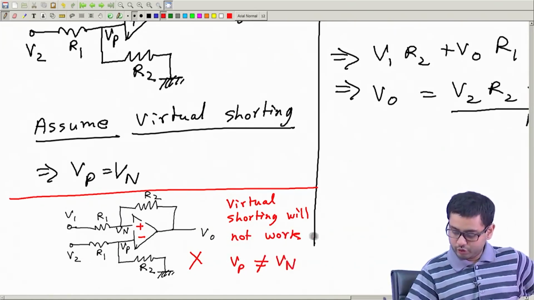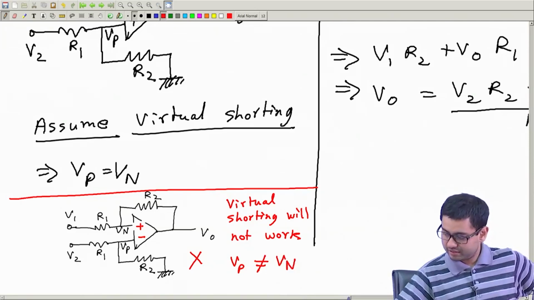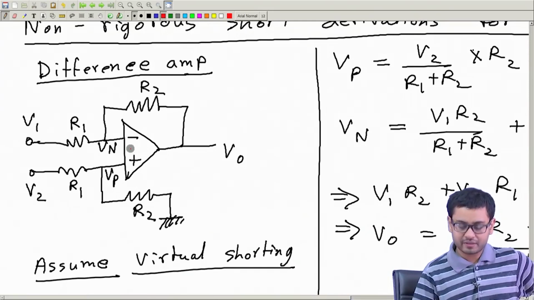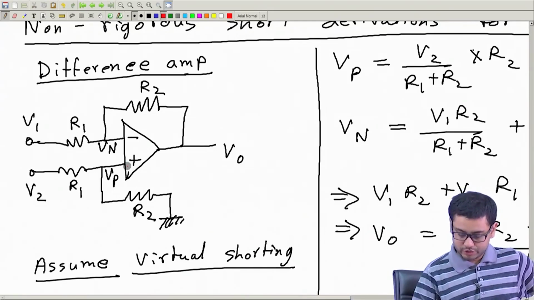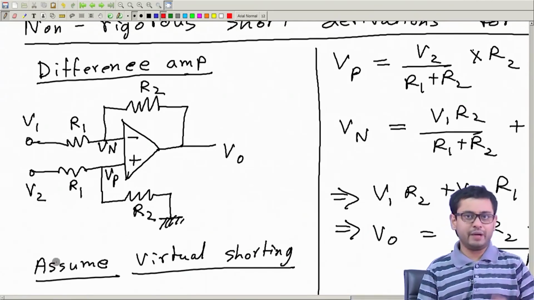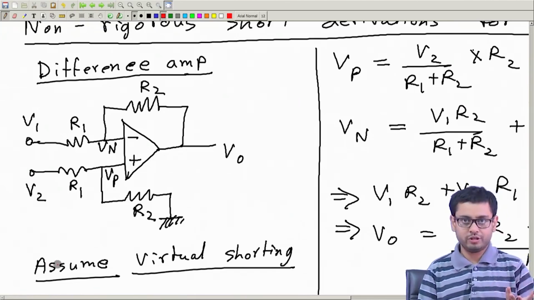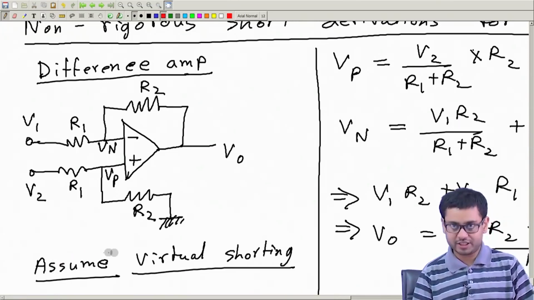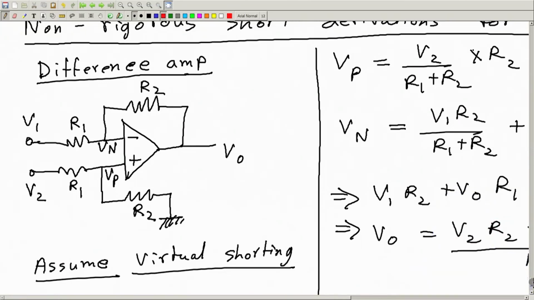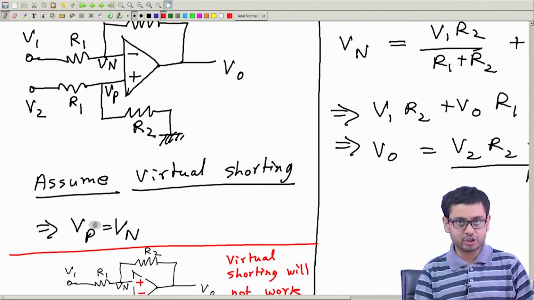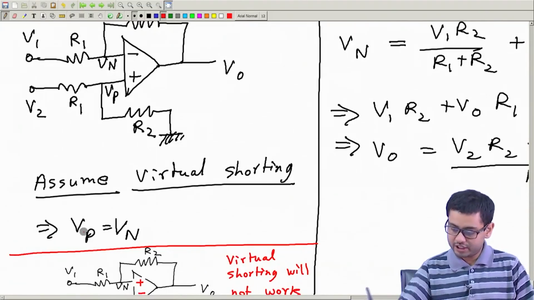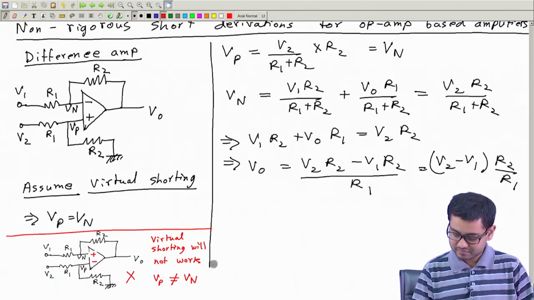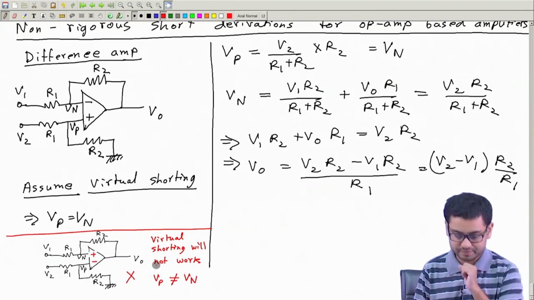So only if you remember this circuit correctly with all plus minus signs proper, then we have previously shown with rigorous detailed analysis that virtual shorting is going to work. So you may just remember the fact that virtual shorting is going to work, Vp is going to be Vn, then you can do the derivation very quickly. Okay, so this is a shortcut.